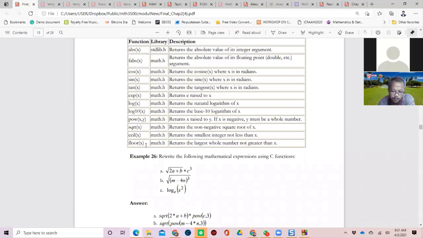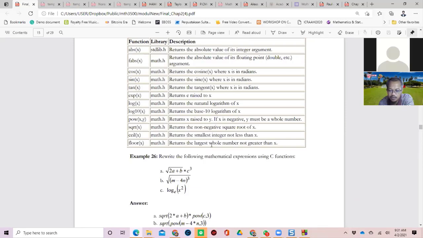Now floor 2.3. What is the value of floor 2.3? Two. Yes, easy, 2. Why 2? Not greater than x. 2 is not greater than 2.3.